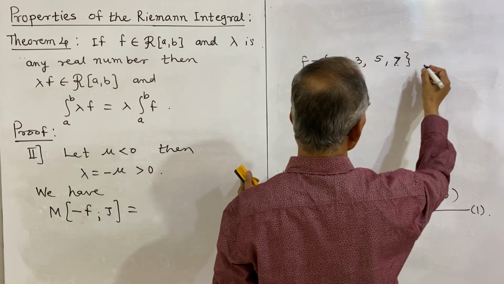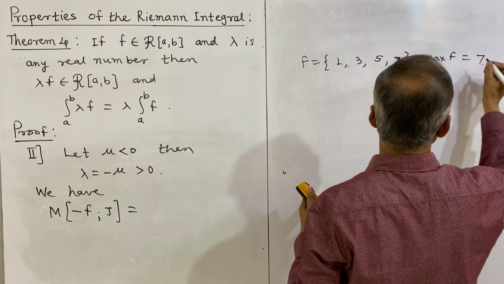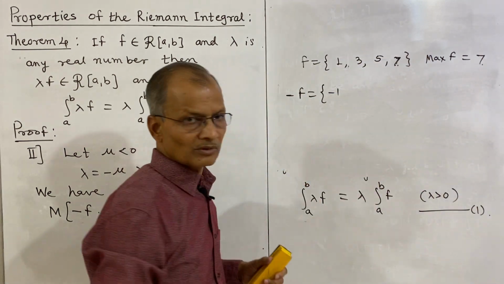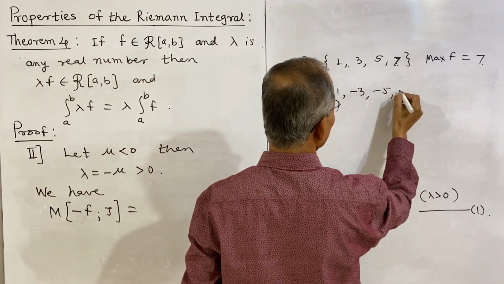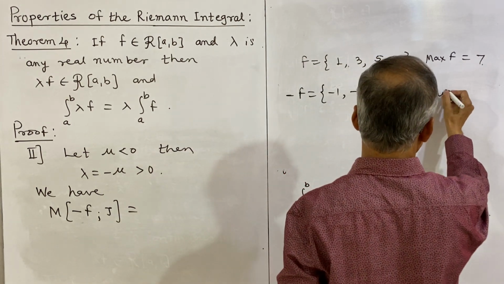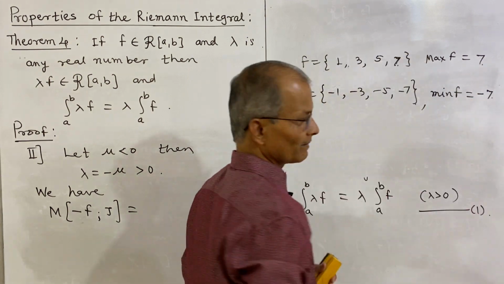The maximum value of f is 7. And if I consider negative f, the values are -1, -3, -5, -7. And you see the minimum of f here is -7, this value.